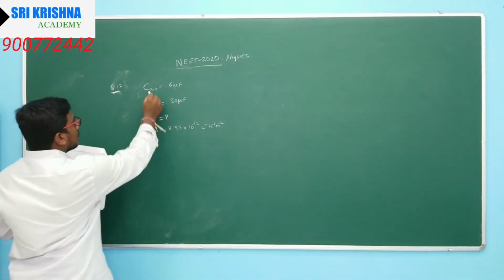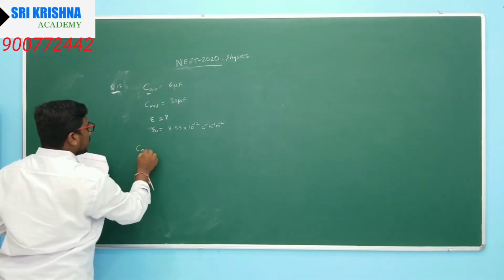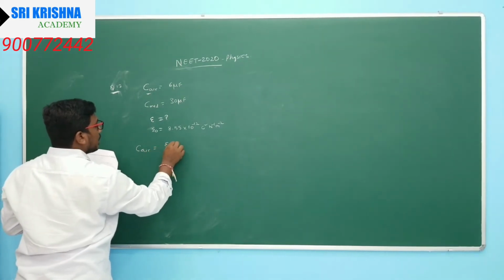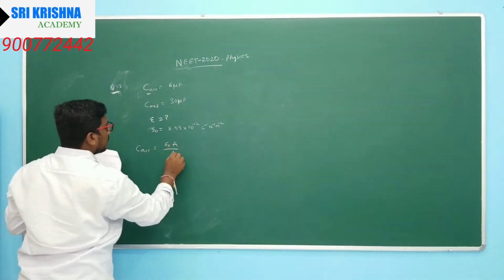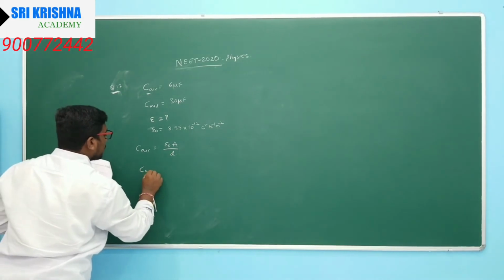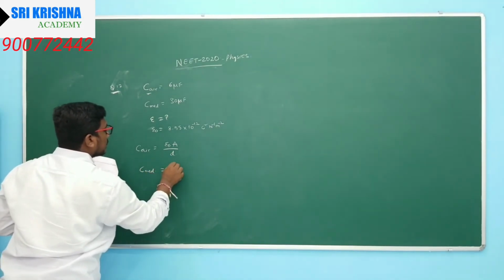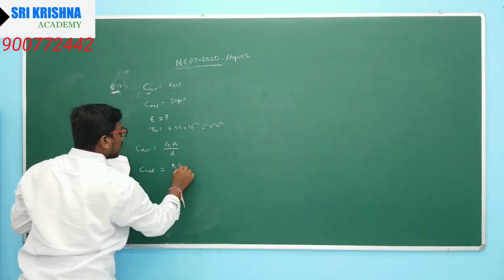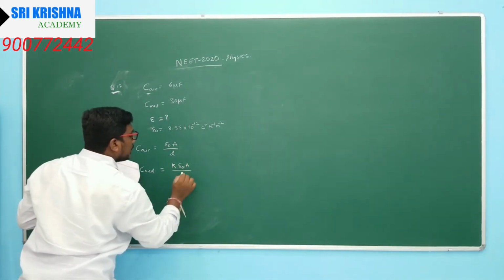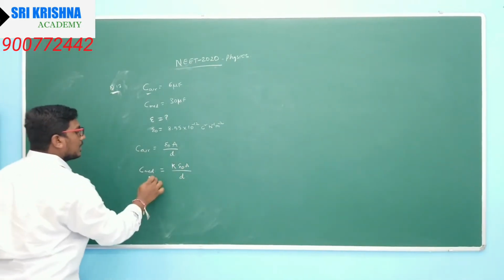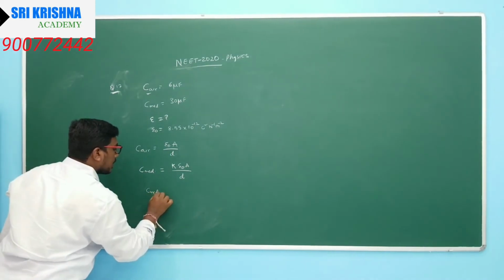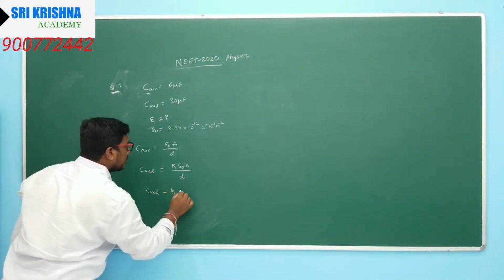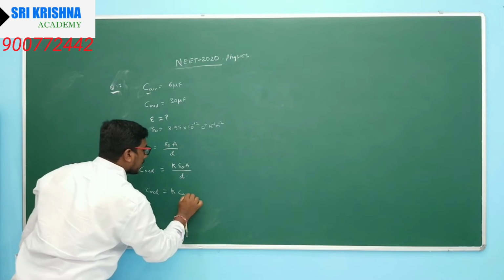First, the capacitance of the air medium is epsilon naught A by D. If some other medium is there, then it is K into epsilon naught A by D. So the capacitance of the medium is K into the capacitance of air.